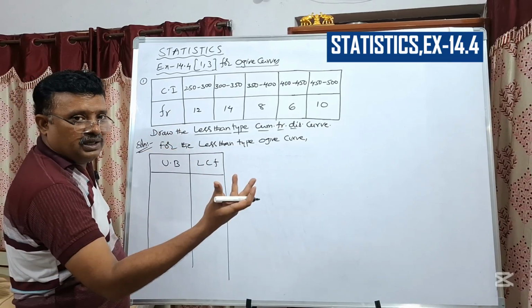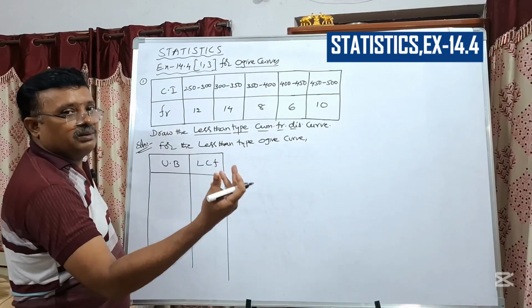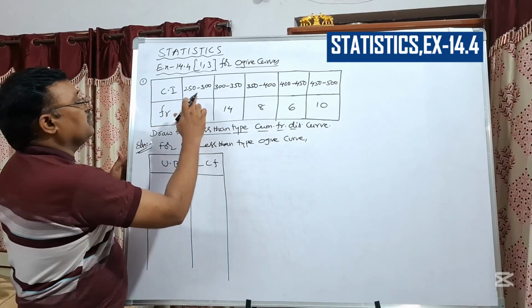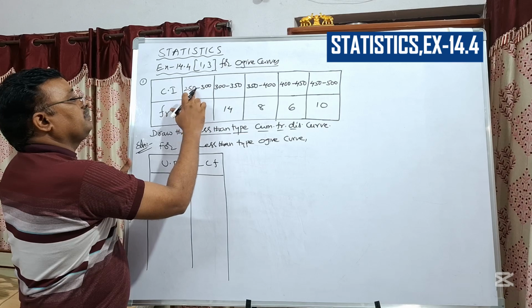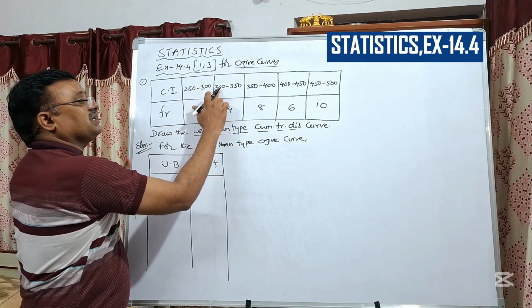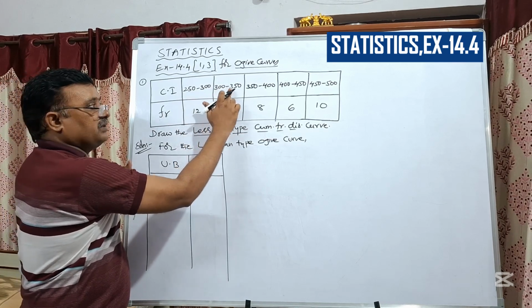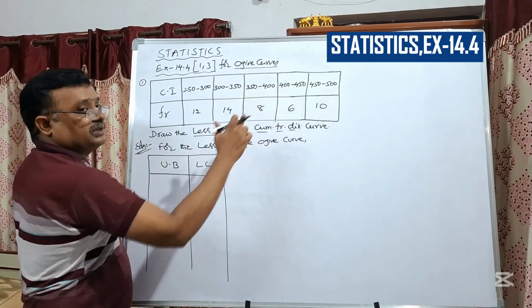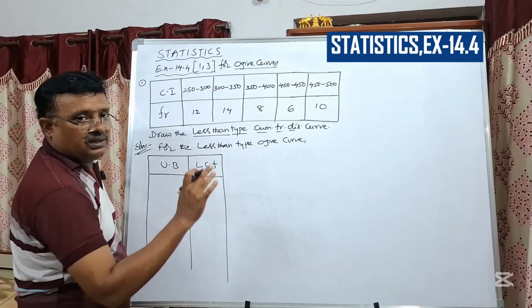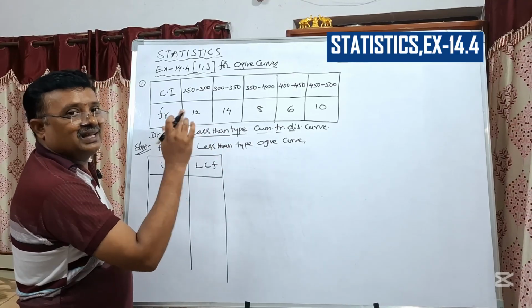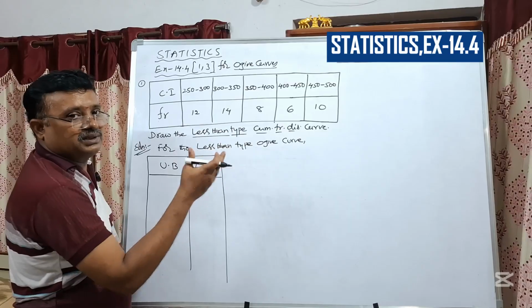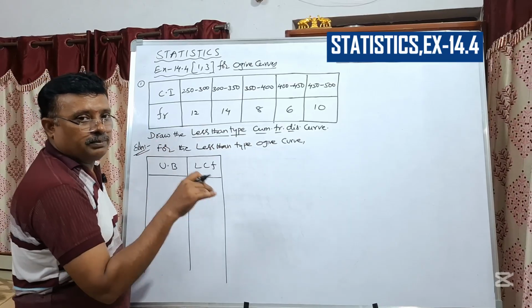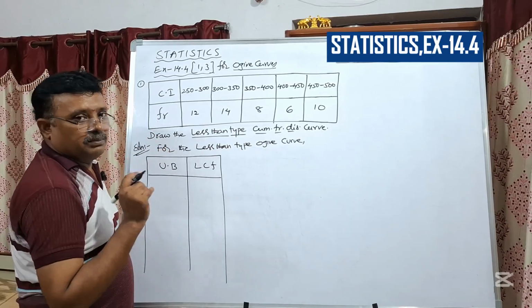Make them continuous and then they will become boundaries. So here the class intervals are 250 to 300. The next one starts with the same 300 to 350, and 400 starts with the same. So continuity is there. That's why all the lower limits and upper limits are called lower boundaries and upper boundaries. Keep that in mind.